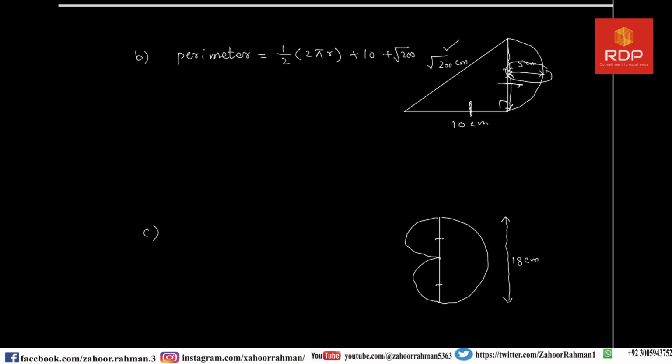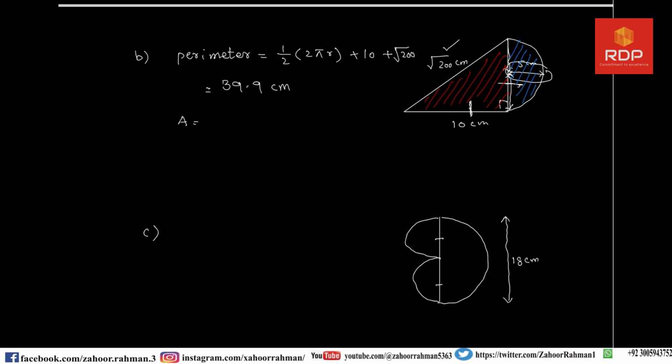And the perimeter, when we calculate all these values, which is easy through calculator, we will find 39.9 centimeter. Next is the area of the figure. You know that we have to find the area of this semicircle first and then the triangle, and when we calculate both of them we will get the area.